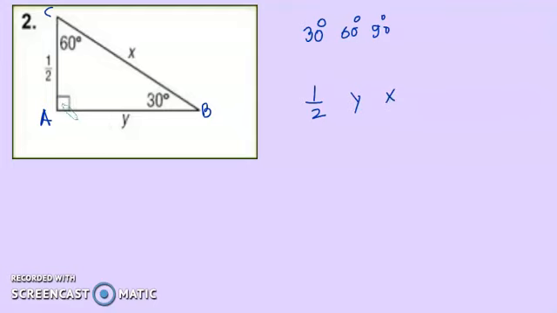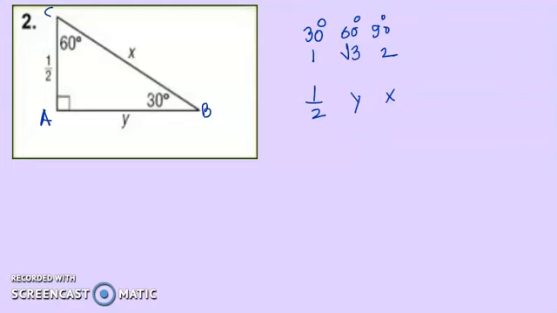As we have learned already, the ratio is 1 is to root 3 is to 2. Now we have to find the values of x and y.